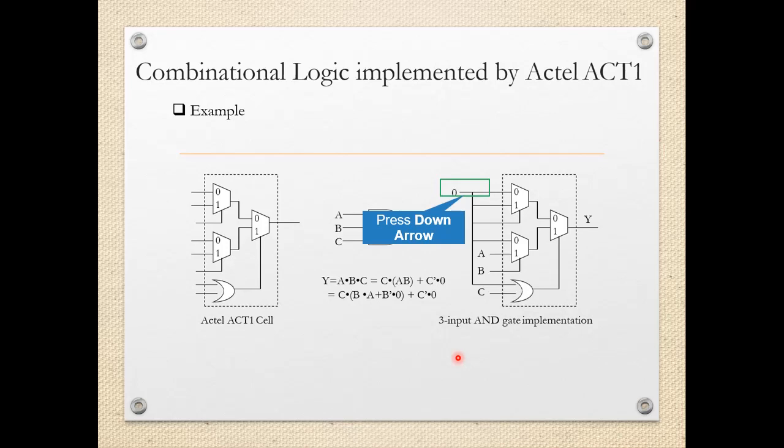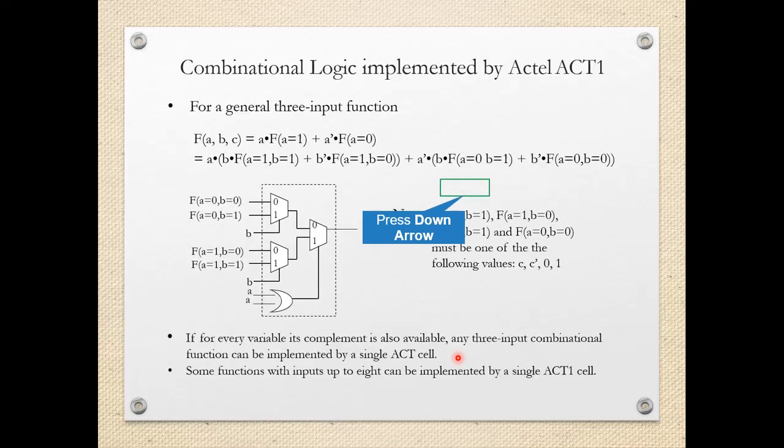So the 3 input AND gate implementation is shown for this logical expression. So using the multiplexer also, instead of going for the lookup table, we can go with the help of a multiplexer over here, and we can do the implementation. This is another example.